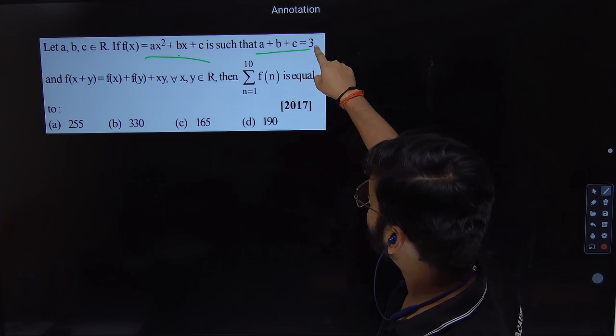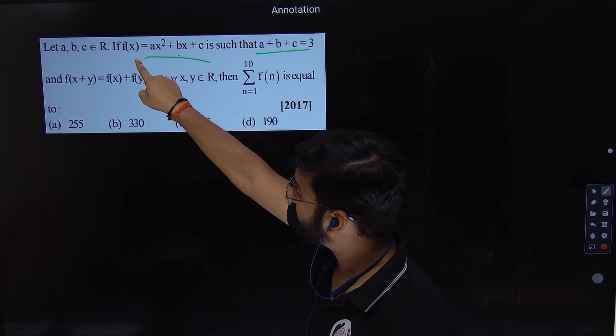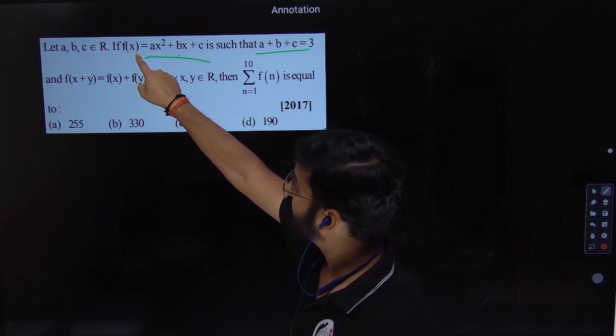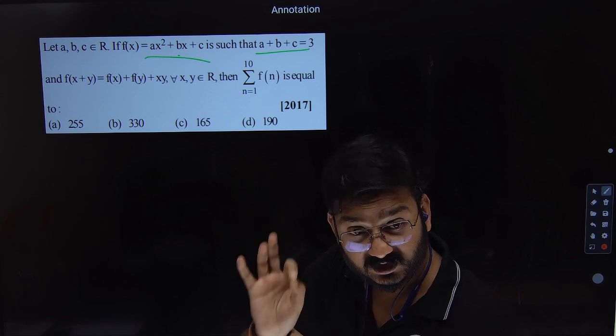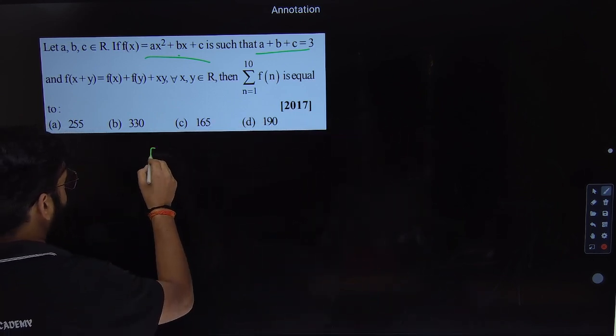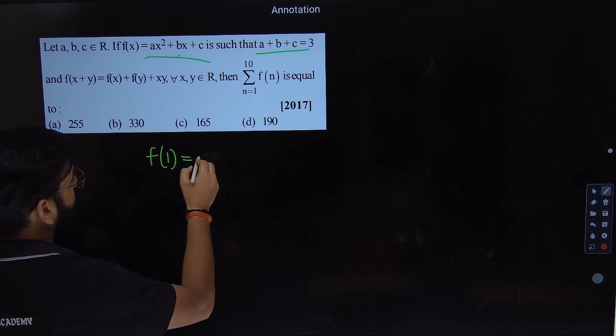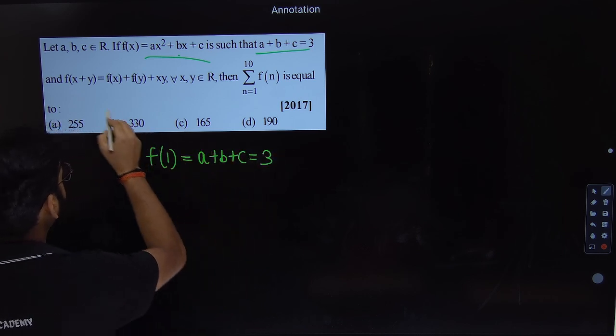So a plus b plus c equal to 3 means a plus b plus c is f of 1. The moment you put 1 here, f of 1 will be a plus b plus c. So f of 1 is 3. That is the data given, which is 3. Now we will use this thing.